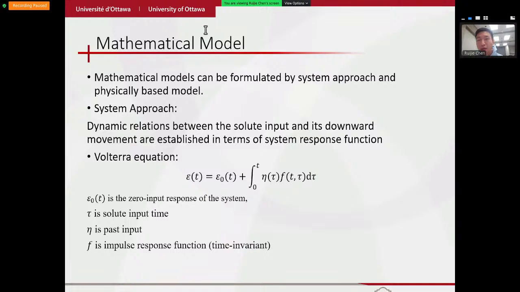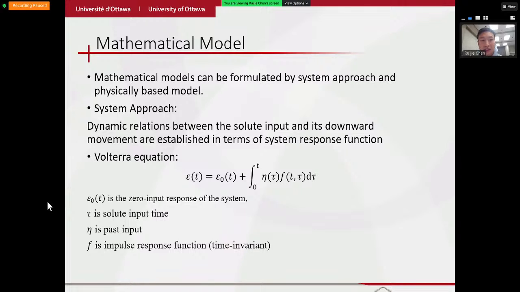In system approach, we don't need to have a thorough understanding of the individual transport of particular solutes. It's more like a gray box method, and the dynamic relations between the solute inputs and its downward movement are established in terms of an impulse response function. For example, for the water equations, epsilon t references the zero input response of the system.